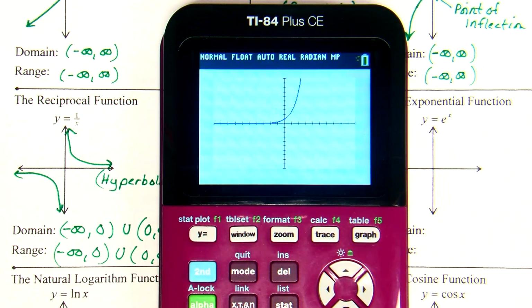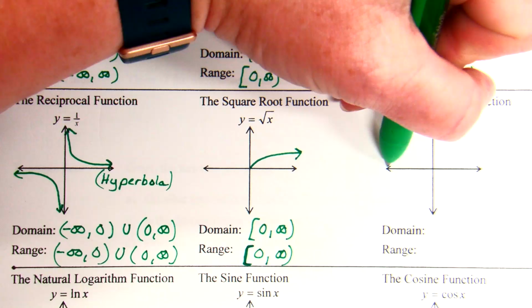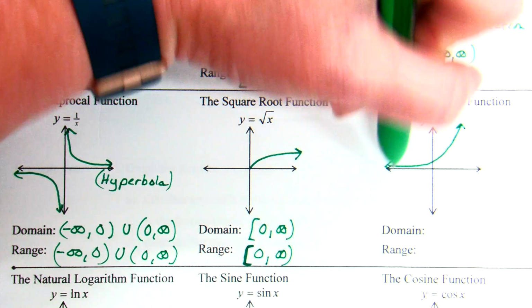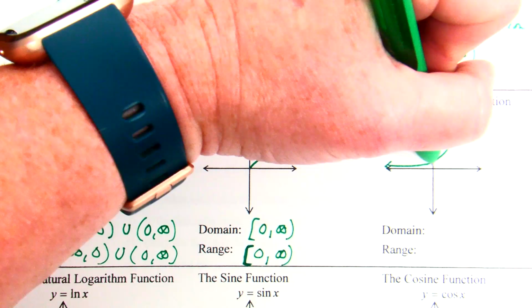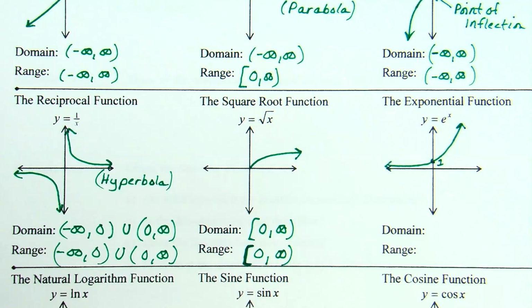Okay, did you figure out what that graph is doing? What's it doing at the x-axis? Yeah. Okay. That x-axis is acting as an asymptote again.